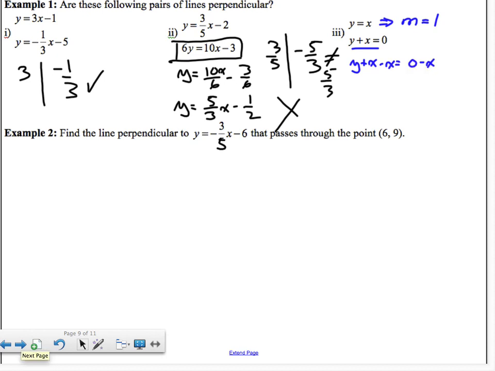So I want to subtract x from both sides, so we get 0 is equal to 0 minus x, which is really y is equal to negative x. So what's my slope of this one? Negative 1. So is negative 1 the negative reciprocal of 1?